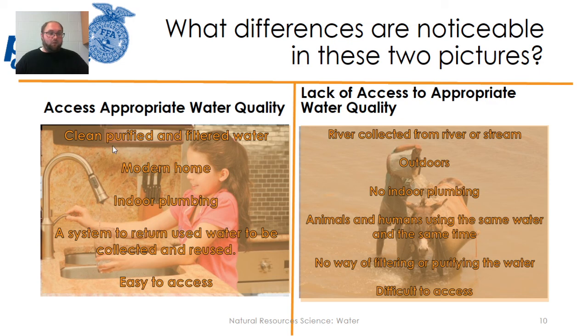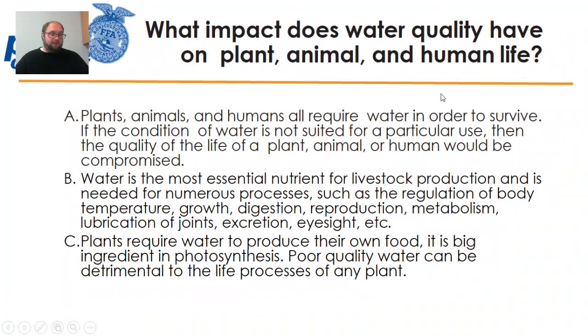So, to wrap up in our last few minutes, what impact does water quality have on plant and animal and human life? These are things that you should write down, okay? First, plants, animals, and humans all require water to survive.